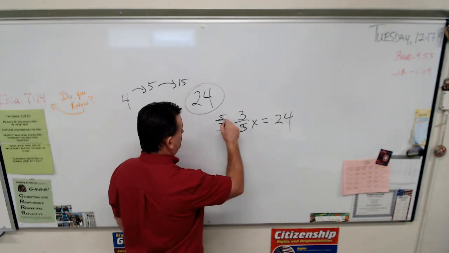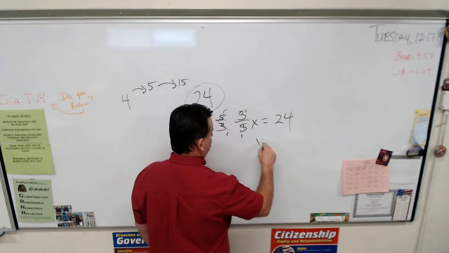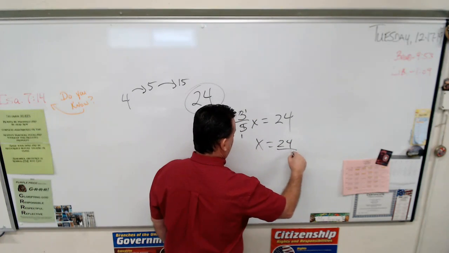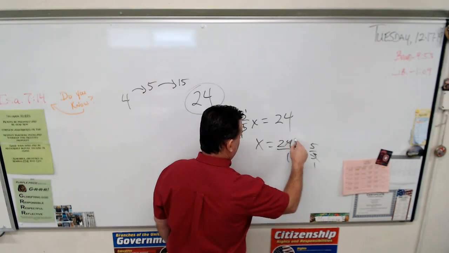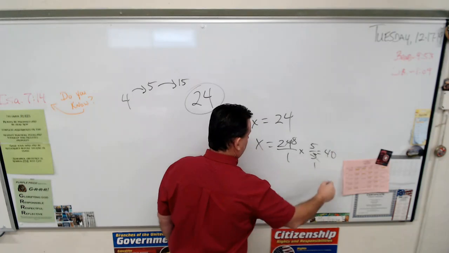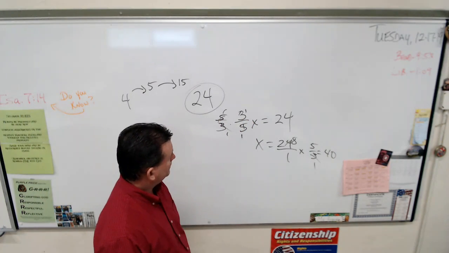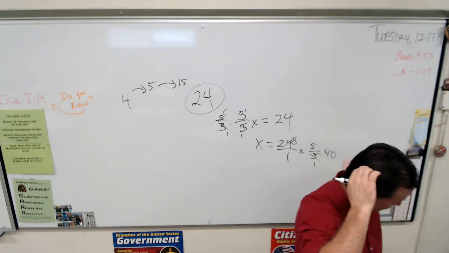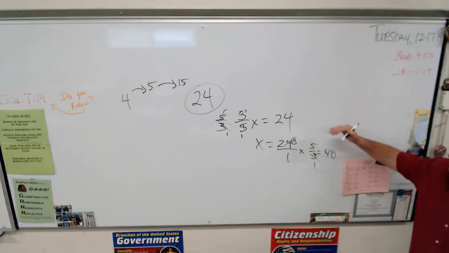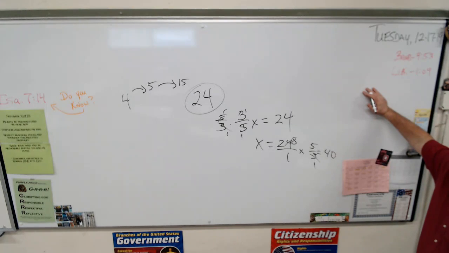Okay, that cancels. Leaves me with X, 24 times 5/3. It doesn't seem right. 45. That's what I thought. 44. It doesn't add up.